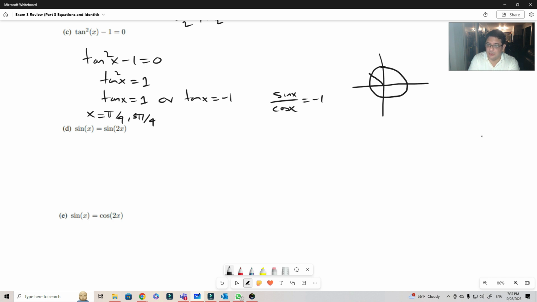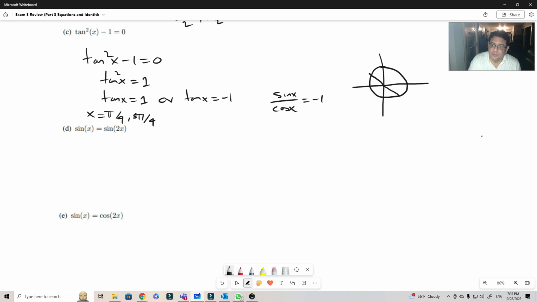Opposite signs occur on the second and in the fourth quadrant. And they're multiples of pi over 4, because remember, the only place where sine of x and cosine of x are going to be equal is pi over 4, 3 pi over 4, 5 pi over 4, and 7 pi over 4, which is all the pi over 4 multiples.